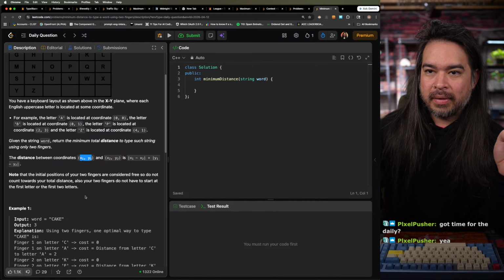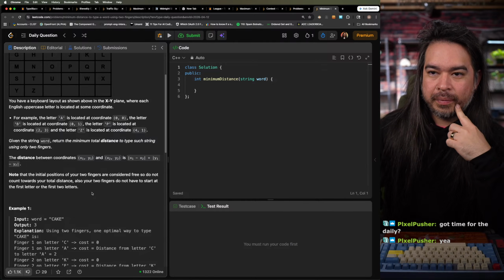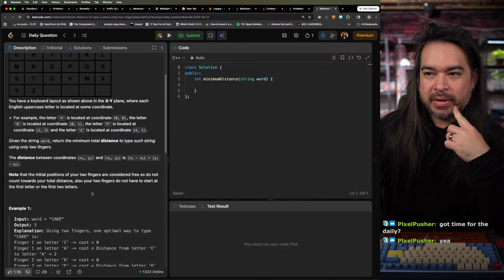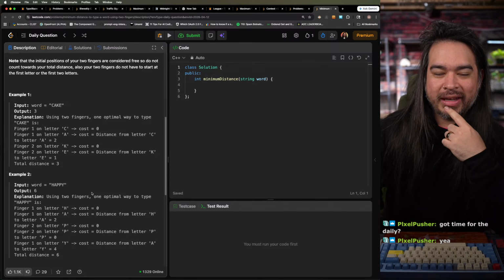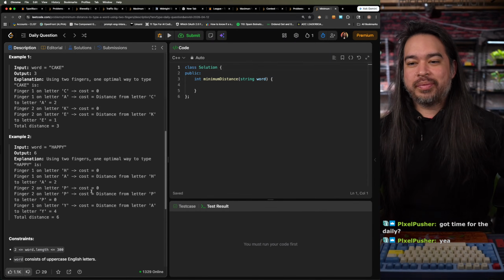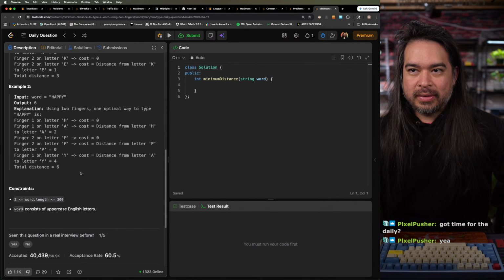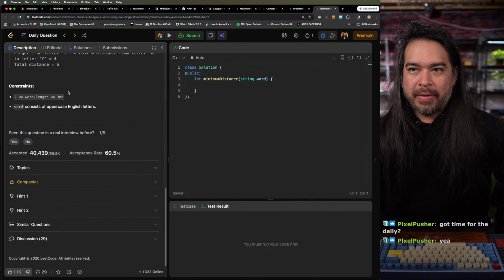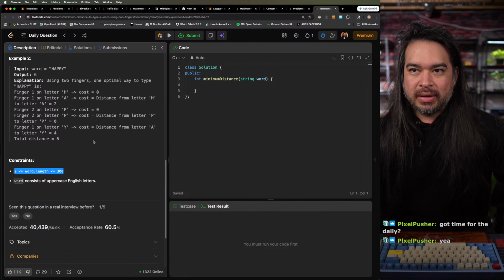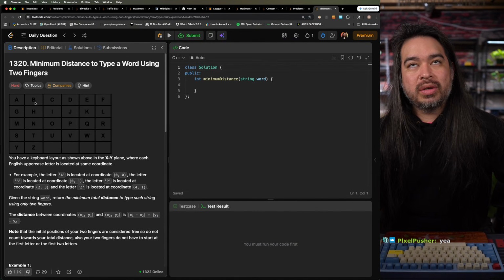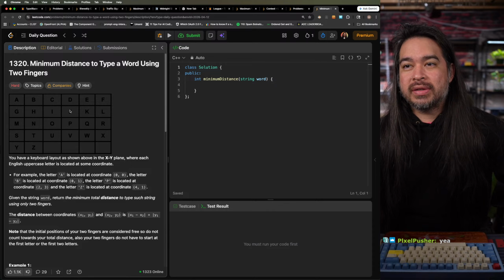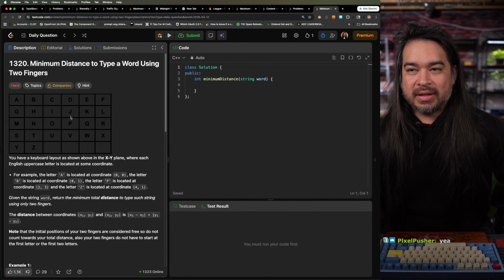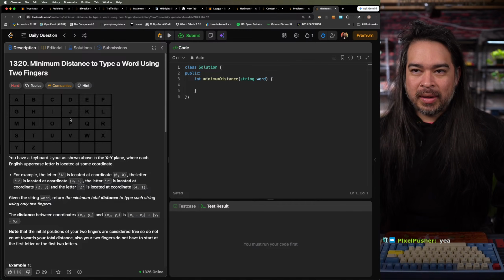Initial positions of your 2 fingers are considered free, so do not count toward their total distance. Interesting problem. So clearly we have 300 characters and we need to find 2 starting positions for our fingers that will result in the best answer.